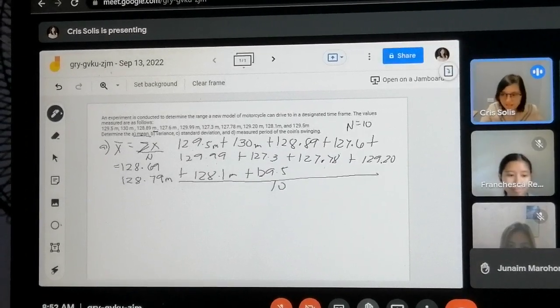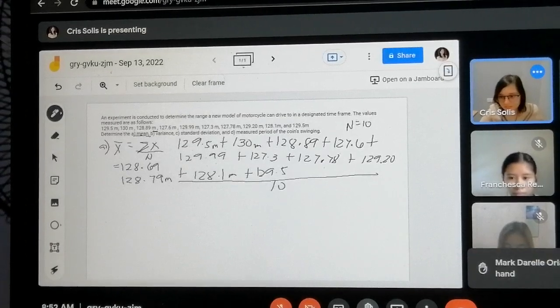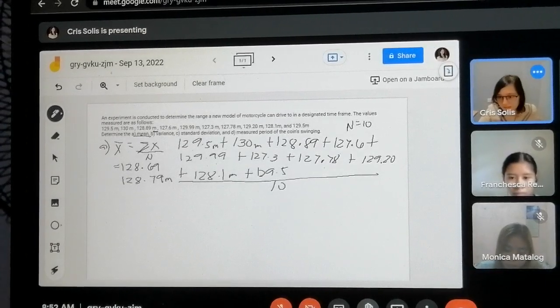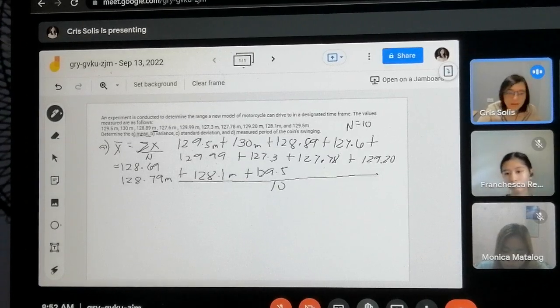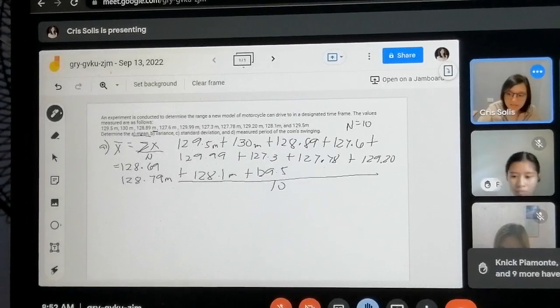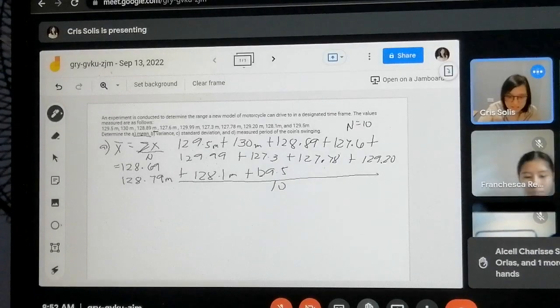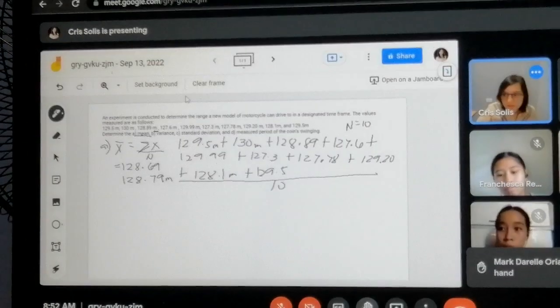How many of you guys got the same answer as Prince? Meron po ba? Sige. How many of you got the same answer as Erica? Okay, sige. Anak, Prince, check mo ulit yung calculation mo.